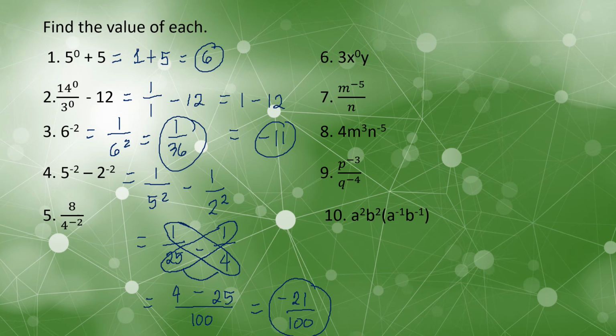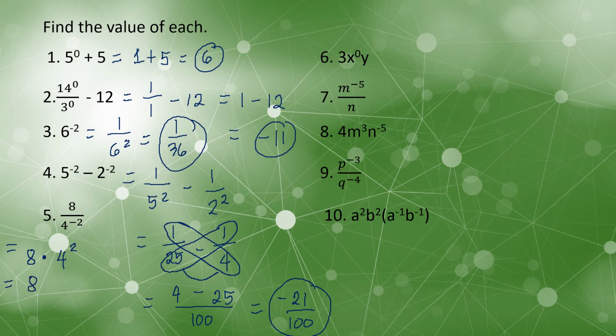Let's now proceed to number 5. 8 over 4 raised to negative 2. It now becomes 8 times, so we will put 4 raised to negative 2 in the numerator to make the exponent positive. So it becomes 8 times 4 raised to the power of 2.